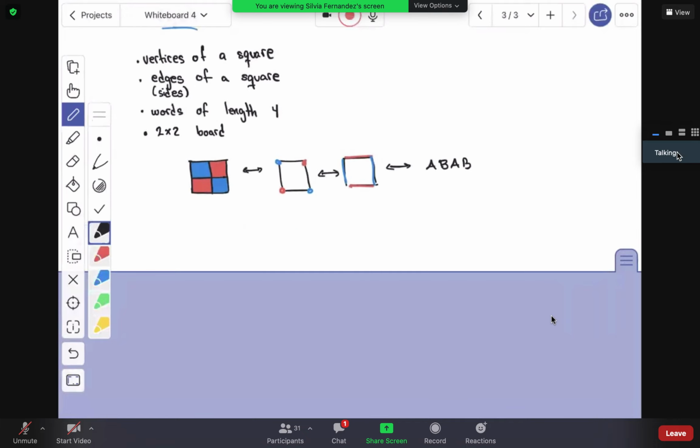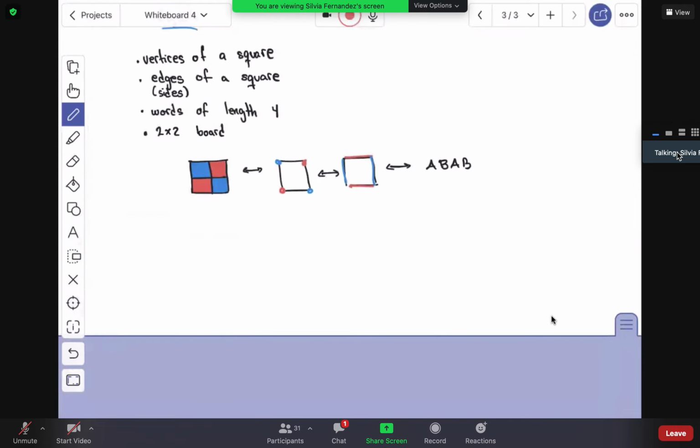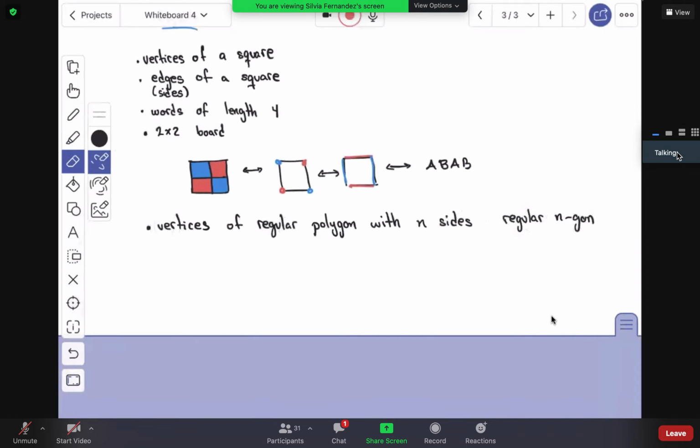And if you want to do something more drastic, you can talk about coloring the vertices of a regular polygon with n sides. So I'm just going to call this the regular n-gon. So the regular n-gon, like a hexagon, that would be n equals 6.